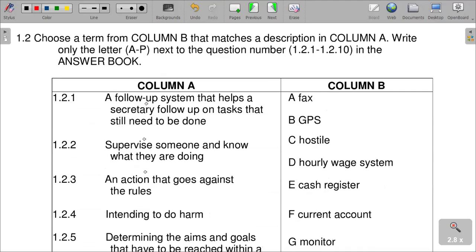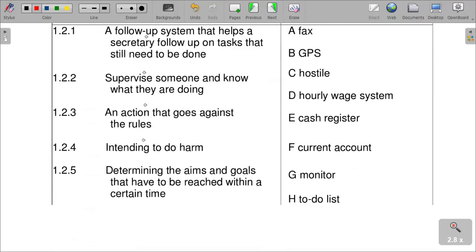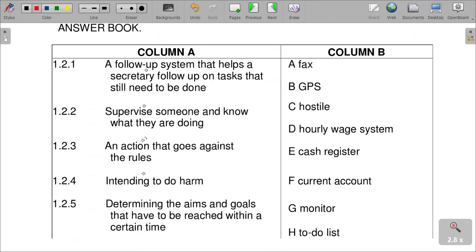A follow-up system that helps a secretary follow up on tasks that still need to be done. When a secretary has to follow up tasks that still need to be done, he actually has to do with a to-do list. A to-do list is actually a checklist. It is a control document that identifies items that need to be followed up.